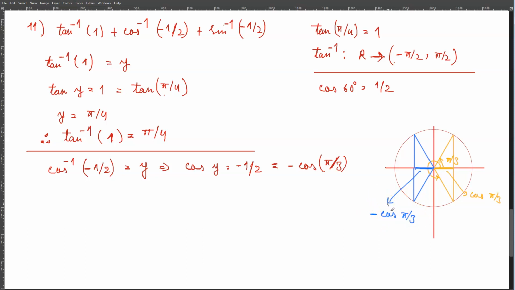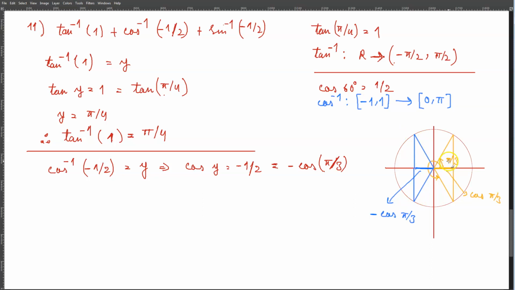So now about the cos inverse function, I know that the domain is the closed interval negative 1, 1, and that goes to the closed interval 0, pi. That means that I can go all the way from 0 to pi here, and so this angle is not useful, but this angle I can take.